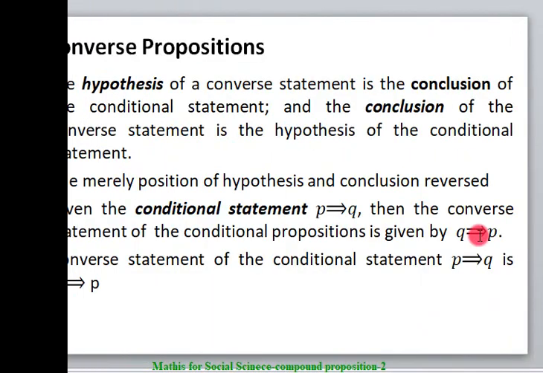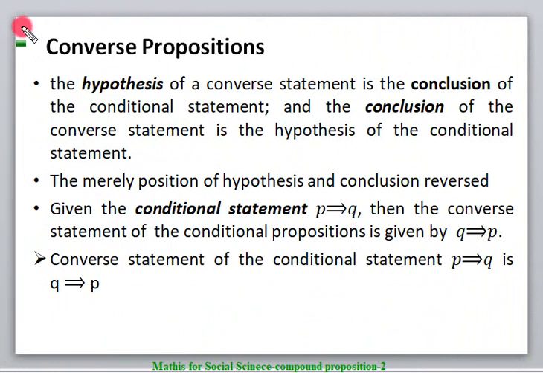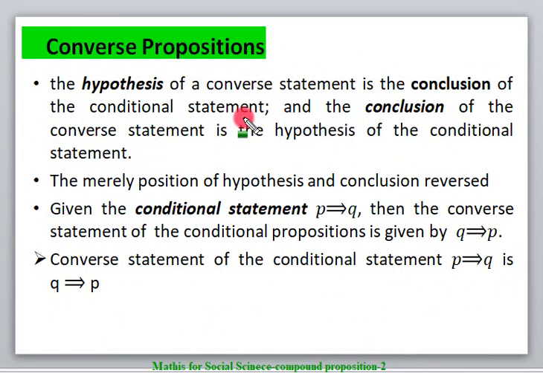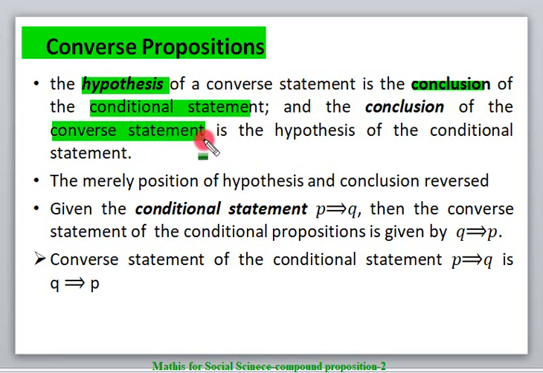Converse propositions. Students, here you first have to consider the terms hypothesis, conclusion, and conditional statements, and finally you also have to understand what converse statements mean. First, a hypothesis means an assertion, an initial statement used to pose another statement.